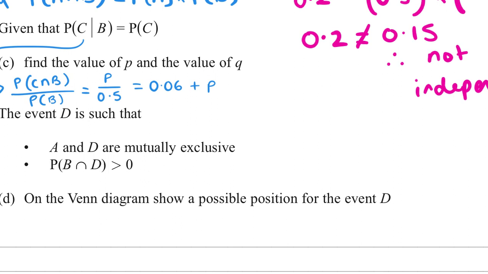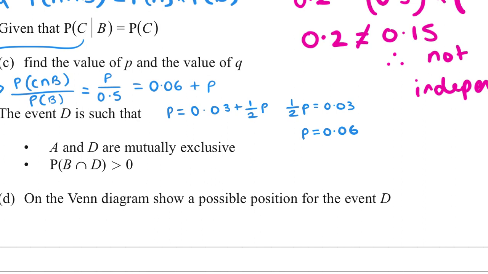I'm going to find a solution for P. So if I multiply both sides by a half, I get P equals 0.03 plus a half P. So this means a half P equals 0.03. Is that right? So I get P equals 0.06. Anyone else get that? Perfect.